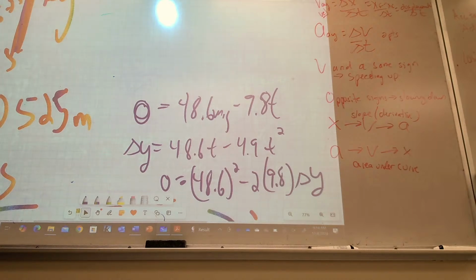This one's pointing down. Those first two that you put down are for solving for time. If you're getting the distance using the velocity equation and the distance equation, you can get the time and then plug it into the distance equation. Or you can use the v squared equation to directly get the distance.